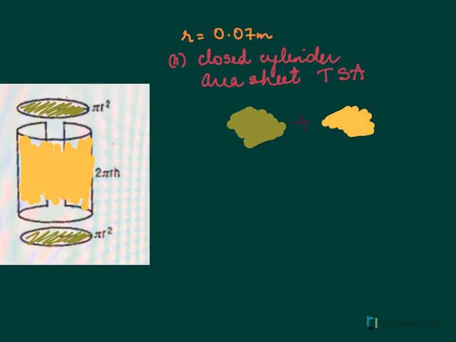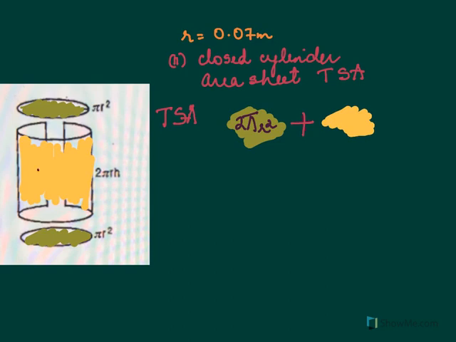So both these areas together will give us the TSA. So we have to add up both these. And we know the green one is pi r square here plus another pi r square here, and that would be 2 pi r square.